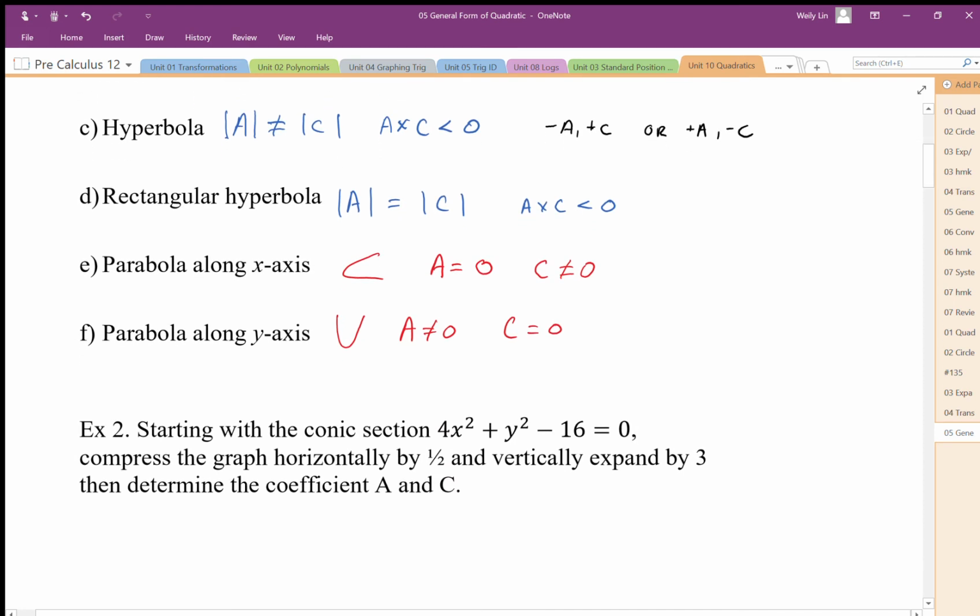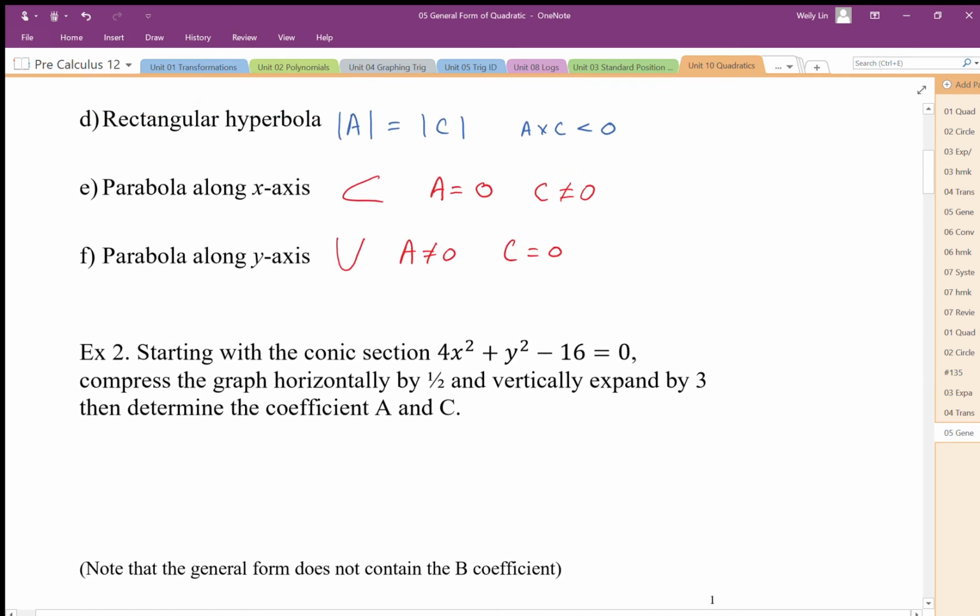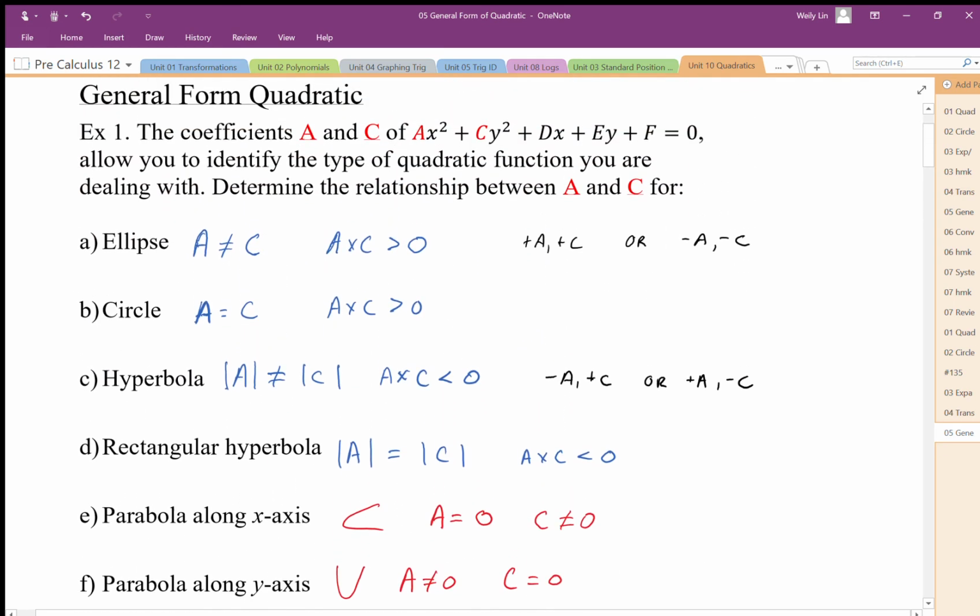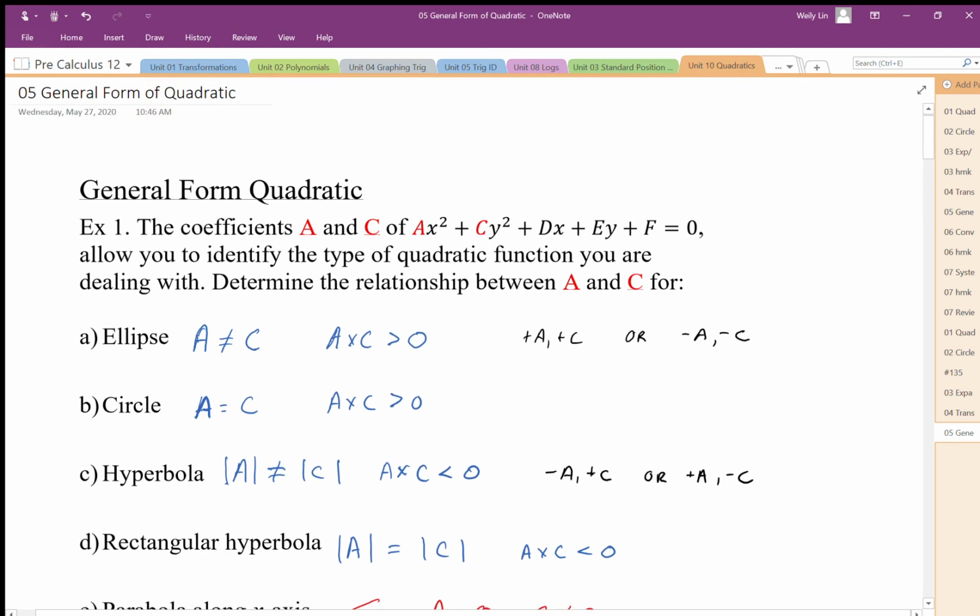It's at the bottom. The general term does not contain the b. Where is the b? In fact, the b does exist, but we're not going to deal with it at all. The b exists like this: bxy. The bxy is actually 0 right now because we're not going to bother with that in this course.